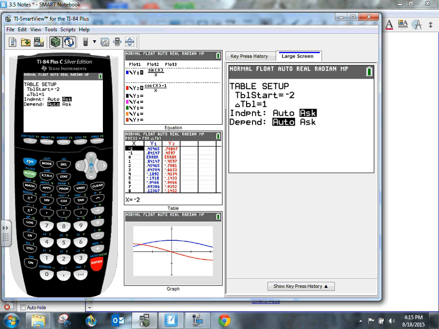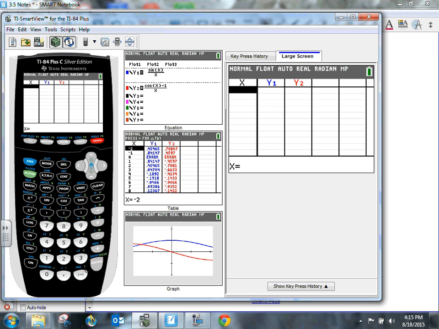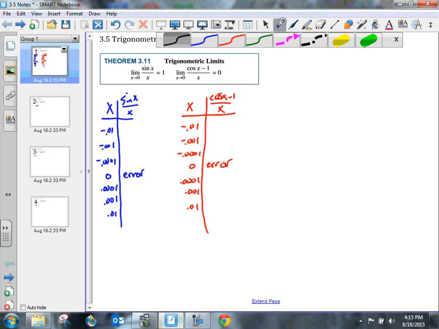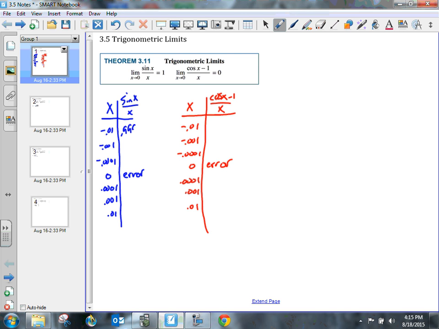I'm going to do both of these at the same time. So I'm going to plug in negative 0.01, enter, and so we get 0.9998 and then 0.005. So we get 0.9998 and then we get 0.05.